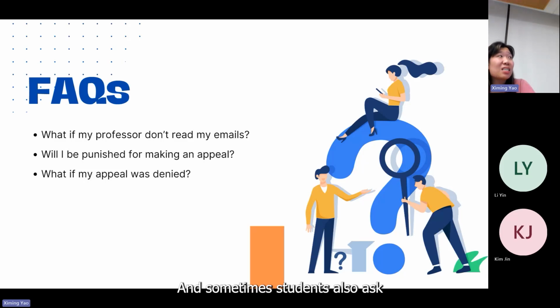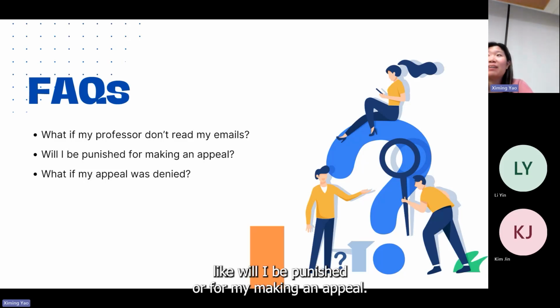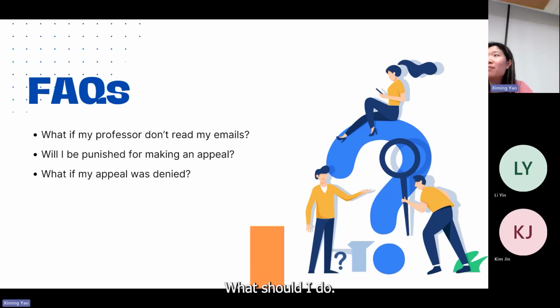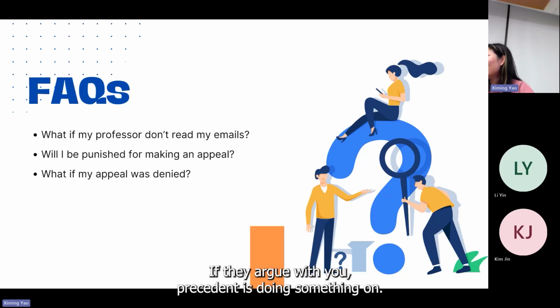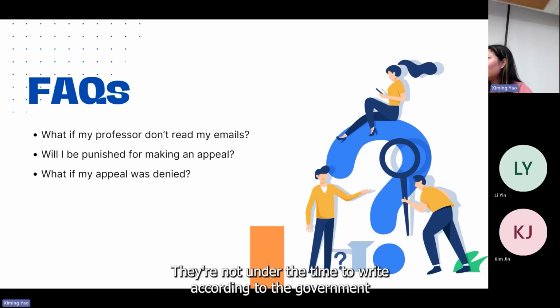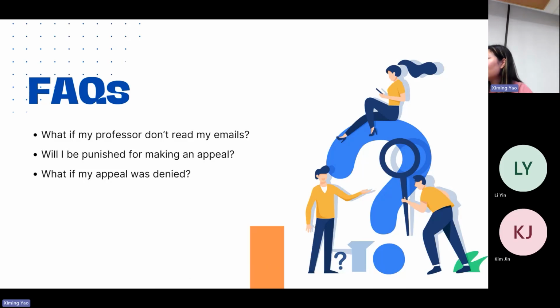Sometimes students also ask: will I be punished for making an appeal? I don't dare to speak up with my professor. What should I do? I don't think you will be punished, and if the professor is doing something of that sort, it is unprofessional on their part, and they can't do it according to the academic conduct policy.